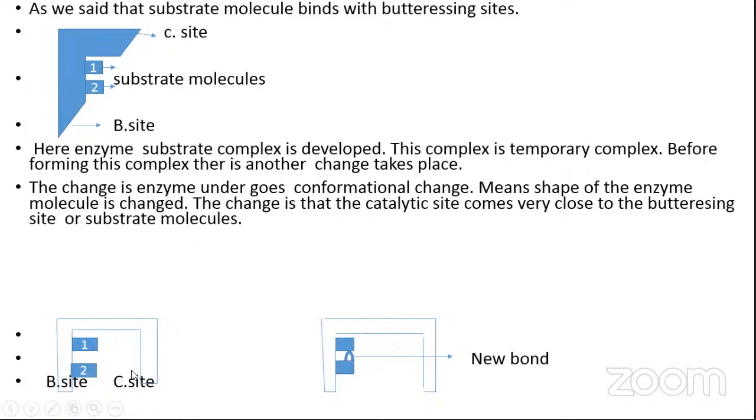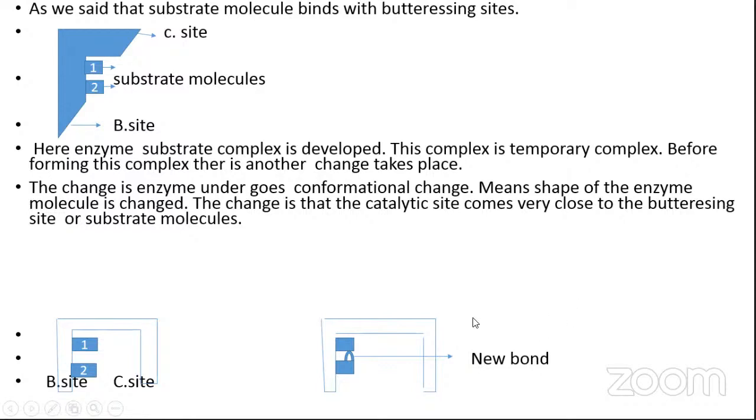As a result, this site comes very close to the substrate molecules, and by the influence of the catalytic site, a new bond is developed between the substrate molecules. That is shown here, a new bond, created as a result of the effect of the catalytic site. This bond connects substrate 1 with substrate 2, and as a result a new substance is developed, which is called the end product.